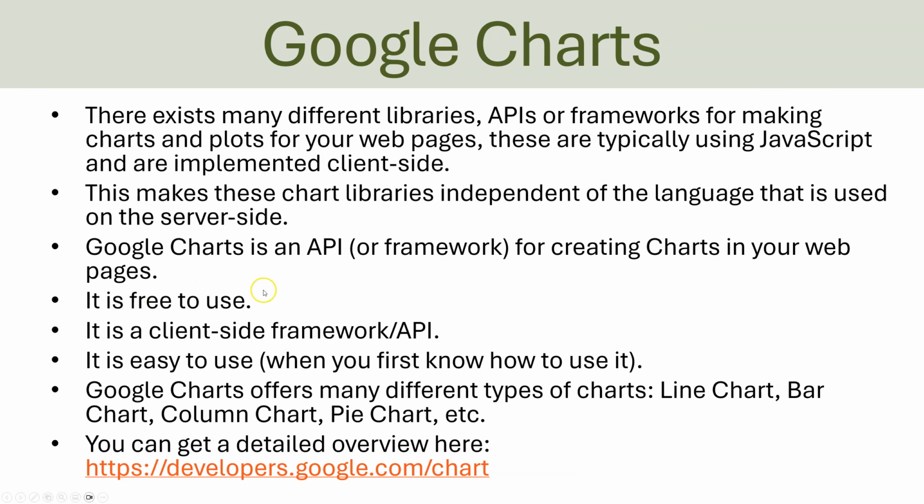And basically Google Charts is an API or framework or library, whatever you want to call it, for creating charts on your web pages. It's free to use, and it's a client-side framework or API, and it's quite easy to use, at least when you first know how to use it.